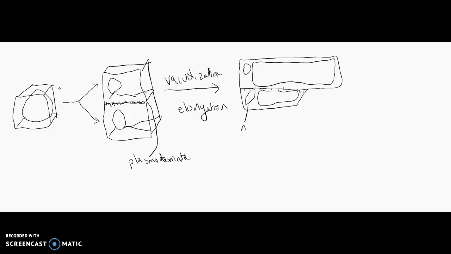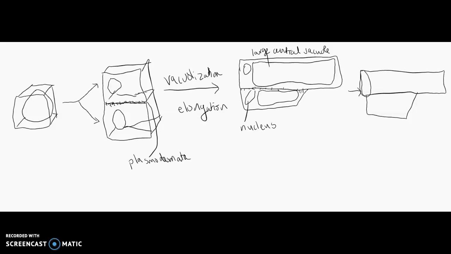We still have the nuclei, and then our large central vacuole. And then the sieve tube member basically becomes a zombie cell, and its nucleus disintegrates.